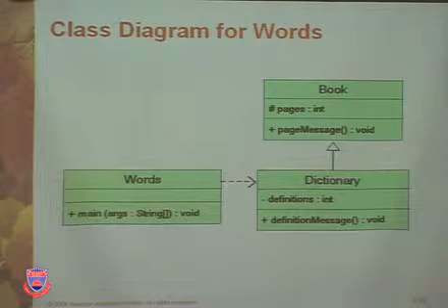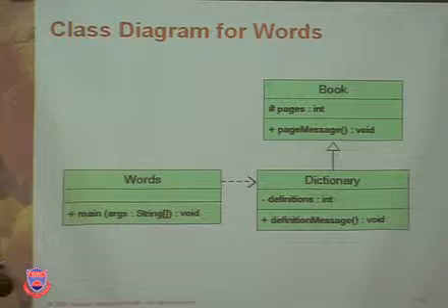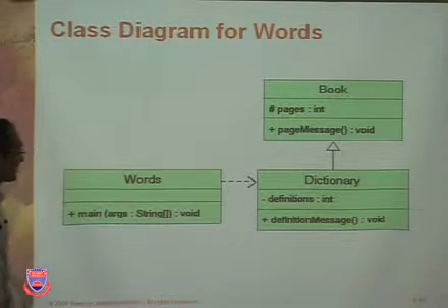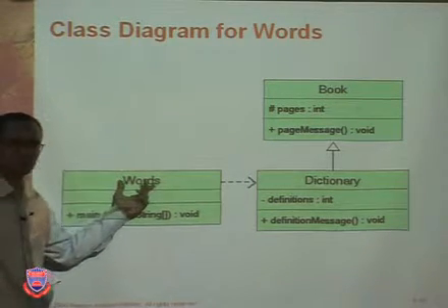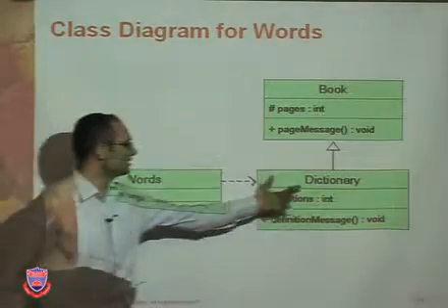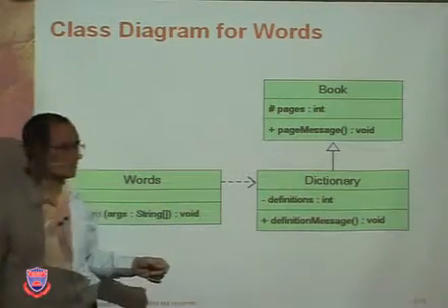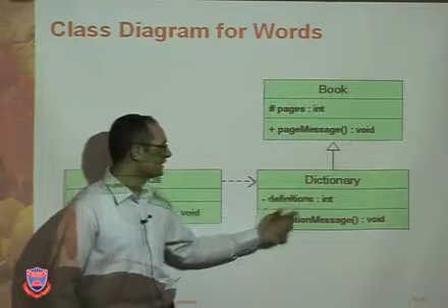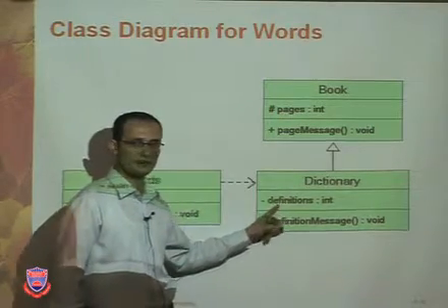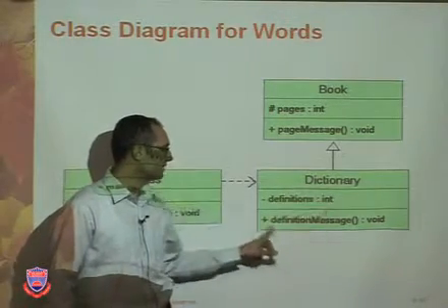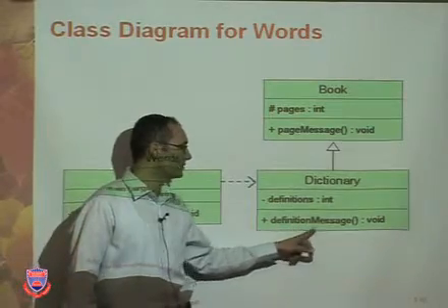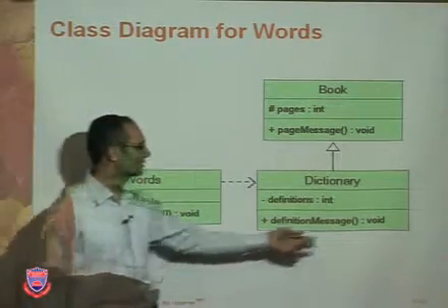So in UML, this is the description of the class that we just mentioned. So you have the words class, which is basically using the dictionary class. This was what this arrow was indicating. And then you have the definitions, which is a private variable of integer type, and then the public definition message method, which is a void method.